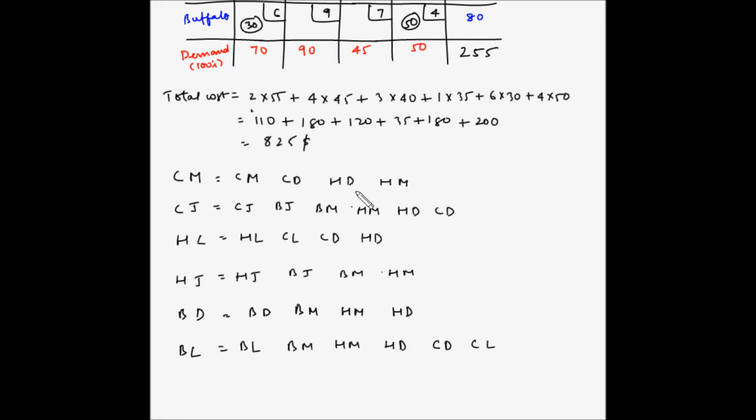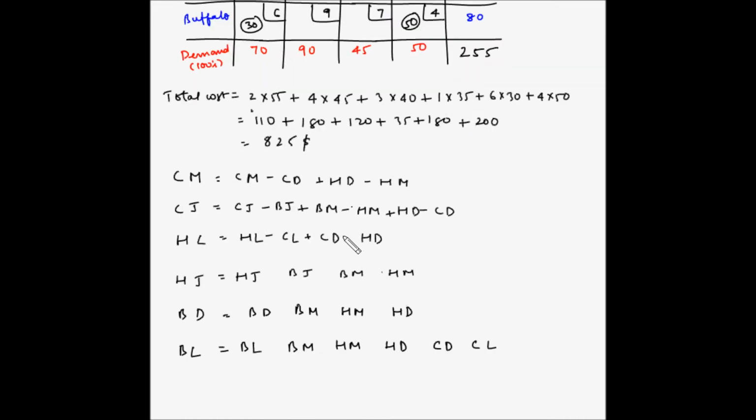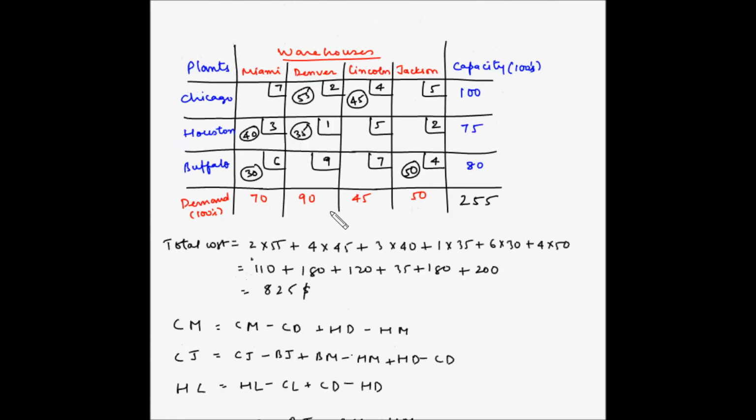Now we have found out the closed loop for each and every unallocated square. Now let's assign the alternate plus minus sign, starting with the plus sign assigned to the water square. Again these signs are allocated in order to balance out the supply and demand constraints.